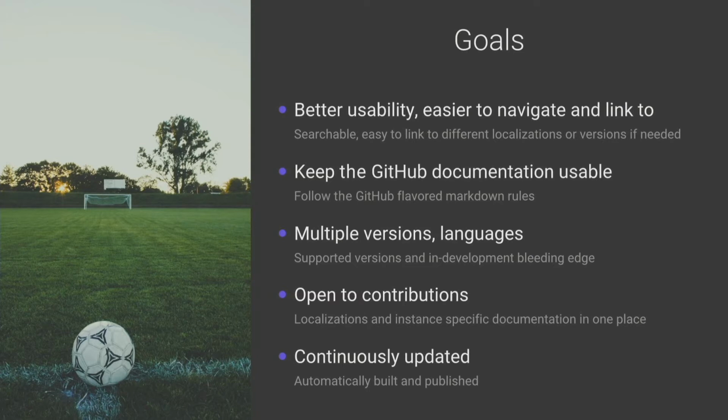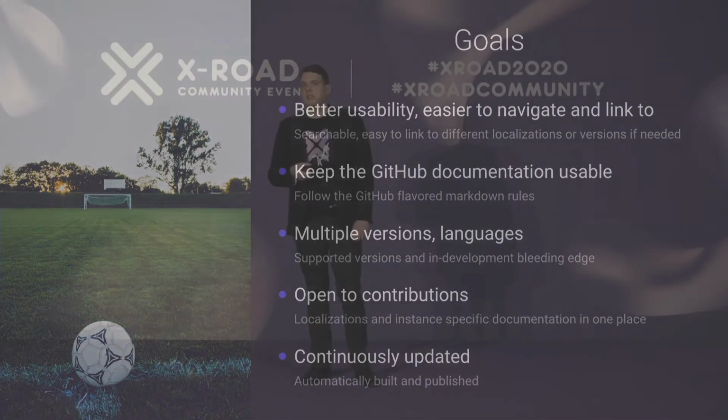We are especially interested in localizations, since we currently basically only have the English version of the documentation, but we would like to see more localized versions of the official documentation for countries and different languages where X-Road is actively used. And in addition to that, we would like to have instance-specific documentation, at least perhaps linked or even somewhat documented alongside our official information.